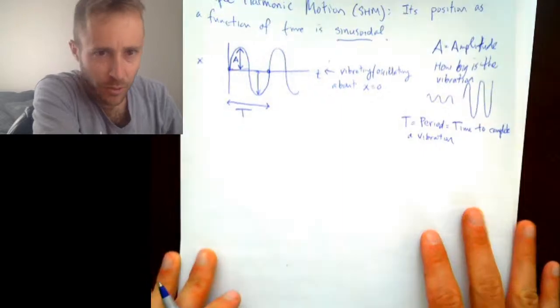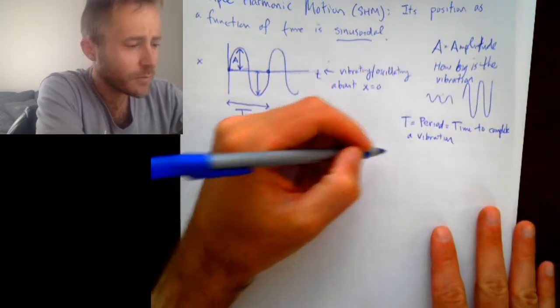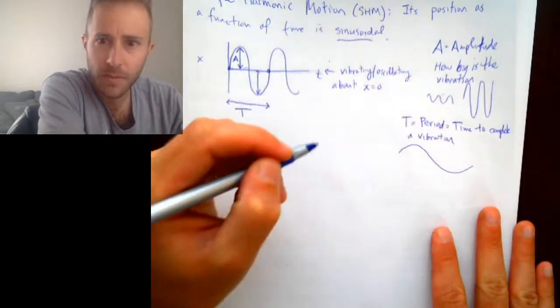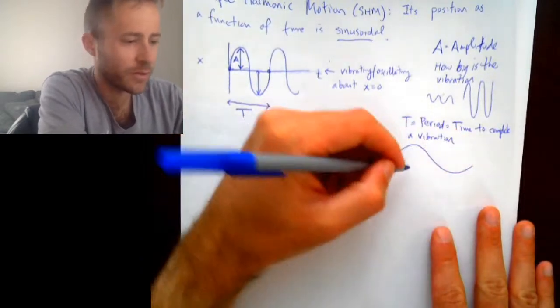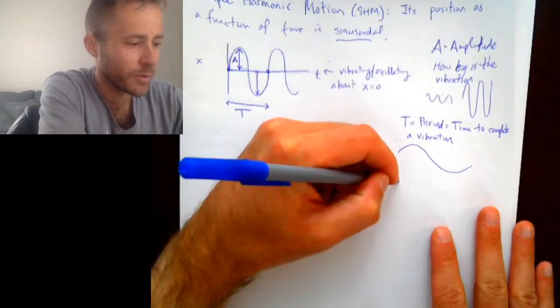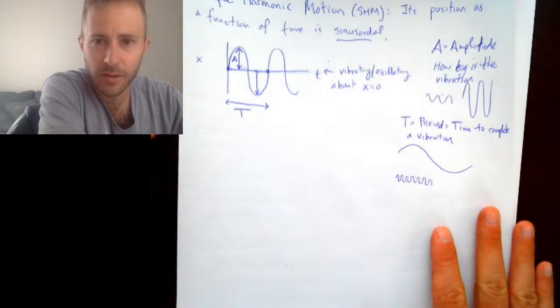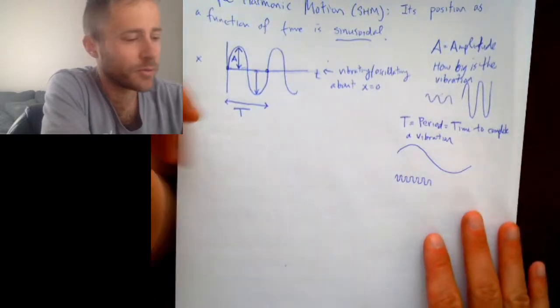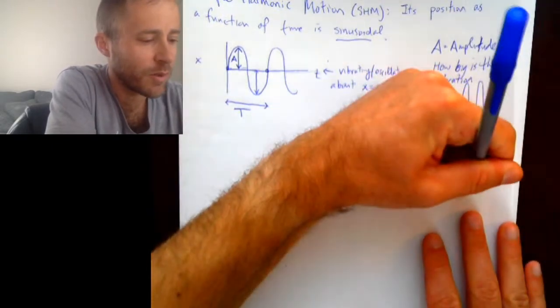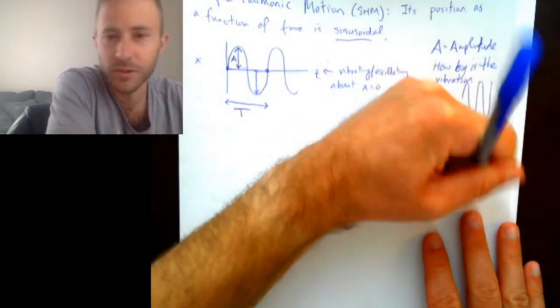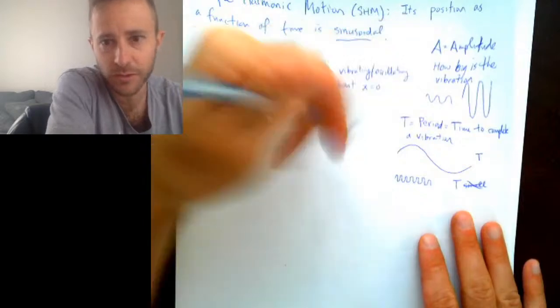Okay, so if you have a long period, it looks like this, long time to complete a vibration. Short period looks like this. Okay, so this is a period that is small. We usually use short and long to describe periods.